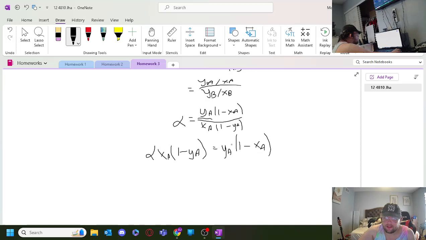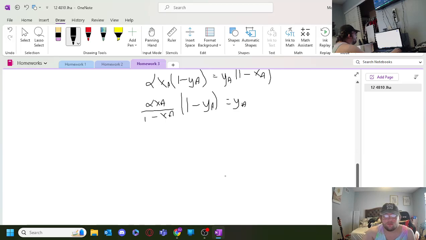Now to get YA by itself once again, we've got to divide by 1 minus XA. So, what's going to happen is we got alpha XA over 1 minus XA multiplied by 1 minus YA. Now get us our YA, or our vapor mole fraction.